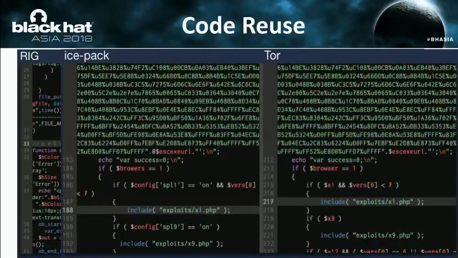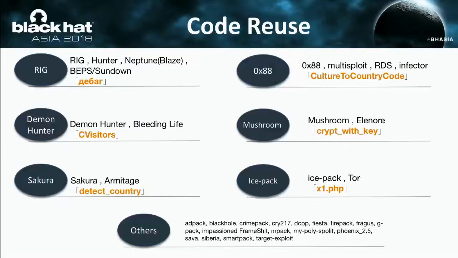With this heavy code reuse, we also think that the attack we propose today might also be used for other exploit kits as well. If we group all the leaked exploit kits, we can group 33 leaked exploit kits into 7 main groups like this. And you can take a look at the detailed explanation in the white paper also.